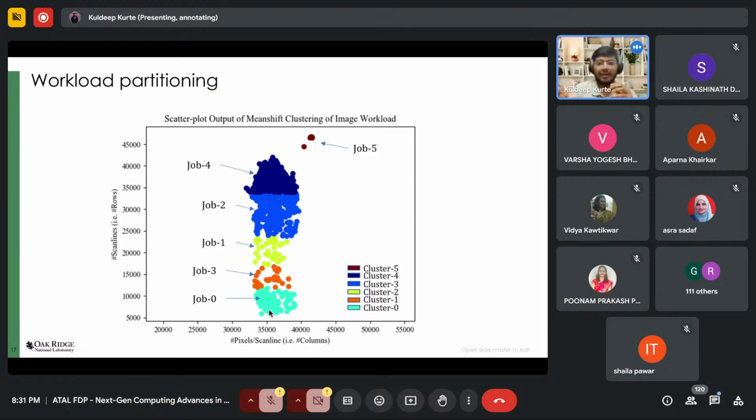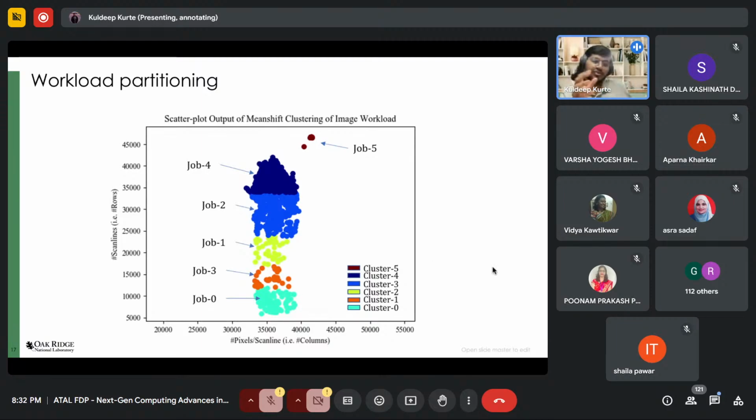Job zero might finish early, and job five might finish a little bit later. But during that process, you are not going to hold the resources that were assigned for job zero. That was something we achieved, which was difficult when we assigned the entire workload as one single job.